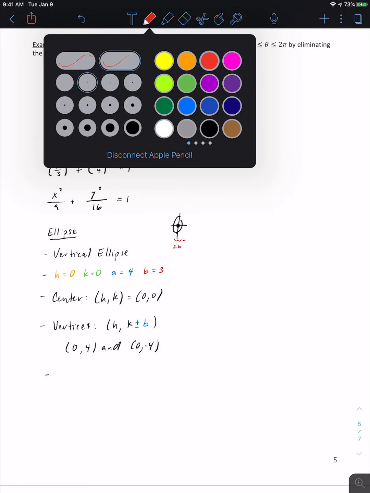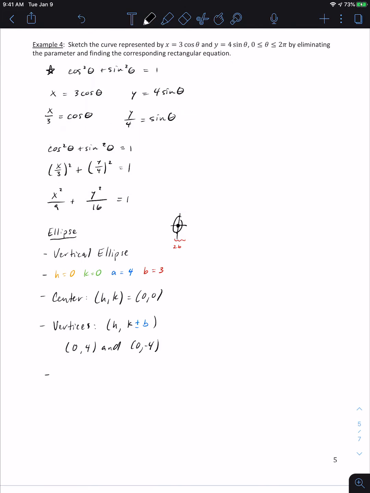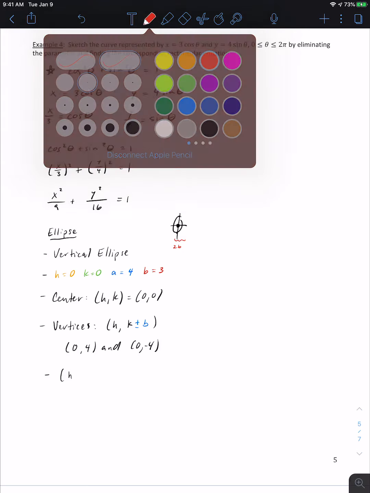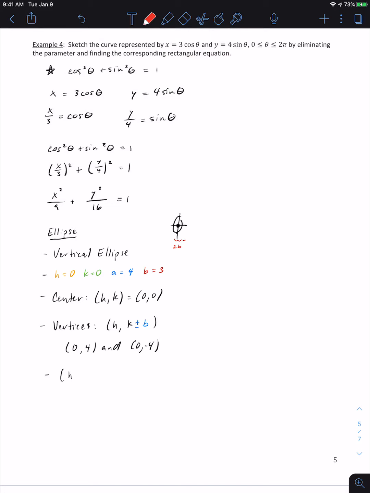So if I take my center, which is (0, 0), and I subtract b from both sides, so I get h plus or minus b, then that's going to give me those other points that are on the graph, not the vertices, but points that are exactly at a right angle from my vertices, right?